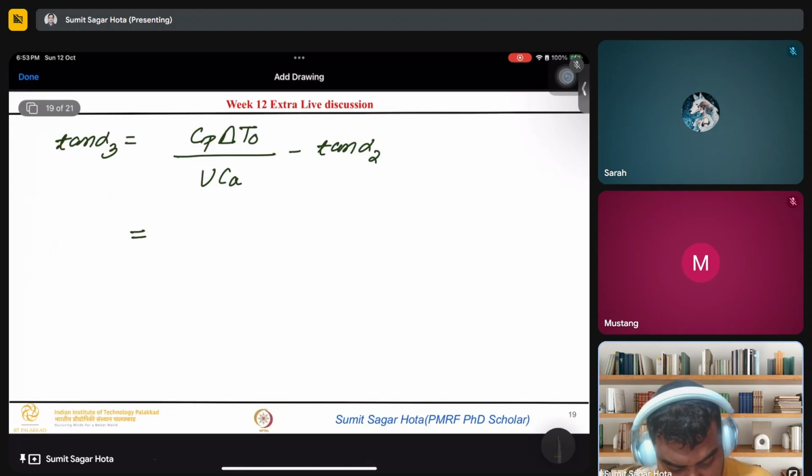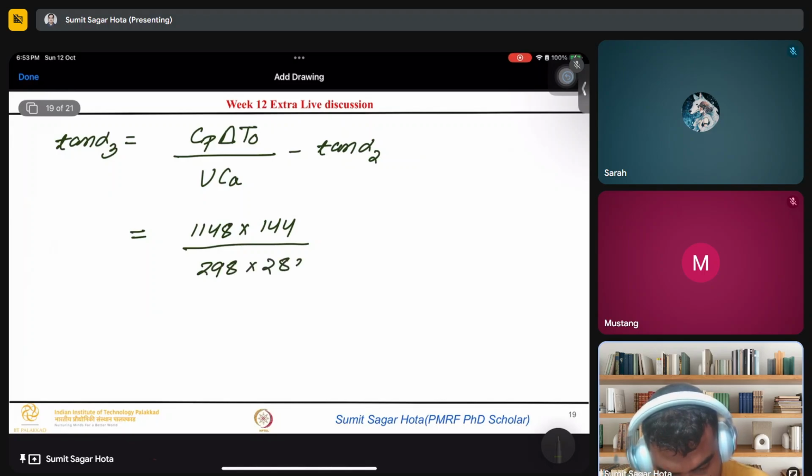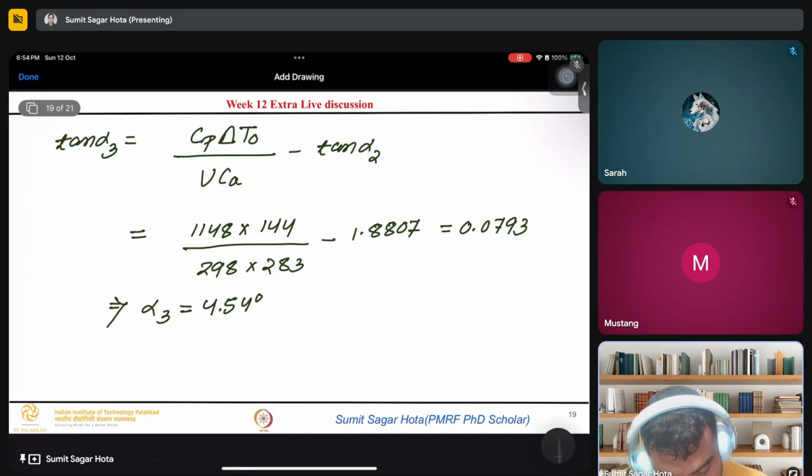So it is 1148 into 144 divided by 298 into 283, minus 1.8807. All these values are given, just substitute. You will get 0.0793, and then alpha 3 as 4.54 degrees, which is your answer.